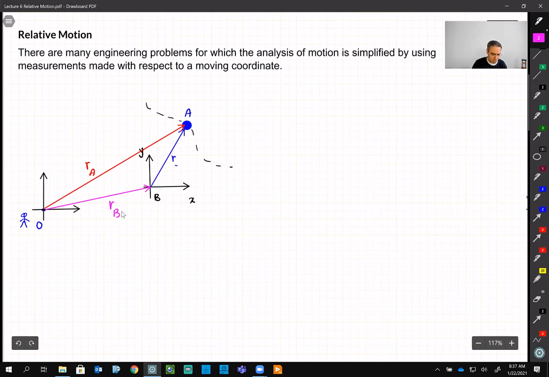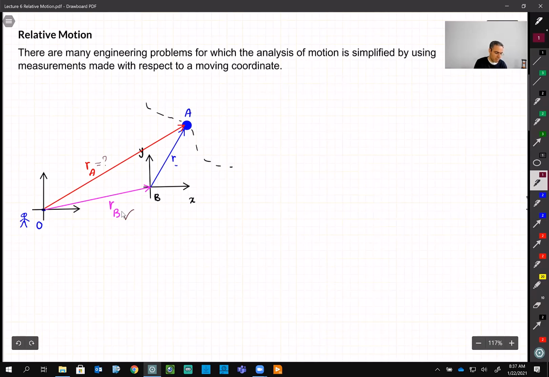This is then the question. We have RB, but we are interested in finding RA. And also, we have some information for point A when we look at it from the perspective of this point B.